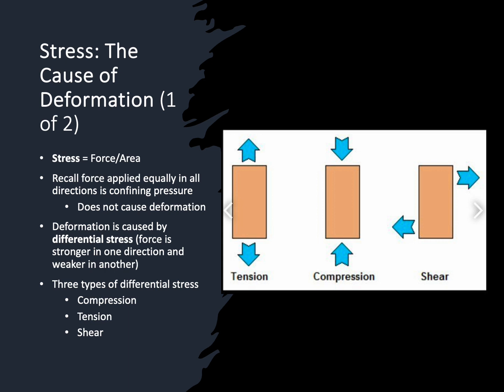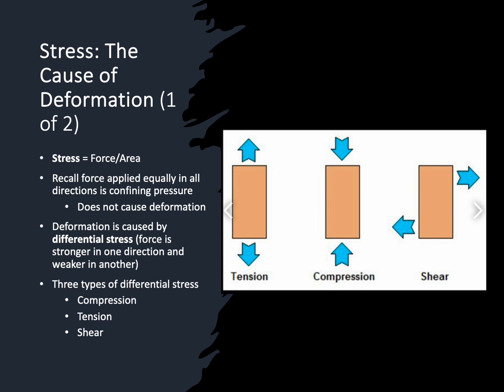However, when we're looking at deformation, when we're changing the size and the shape of a rock, it's caused by differential stress. This is where we're going to have pressure or force in one direction stronger than in another direction. So instead of having equal pressure in all directions, I could squeeze something in from two different sides, and that would be differential stress.